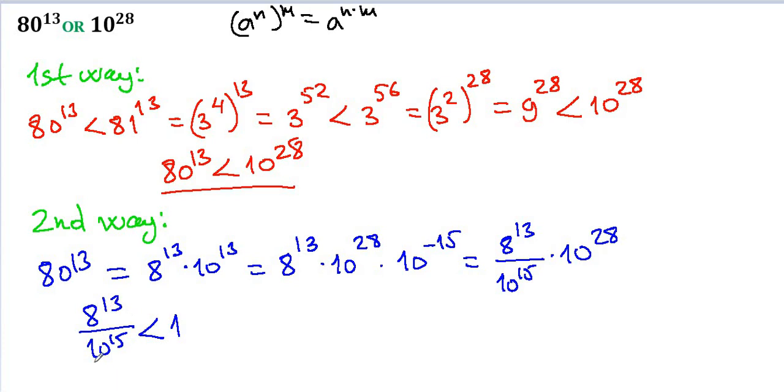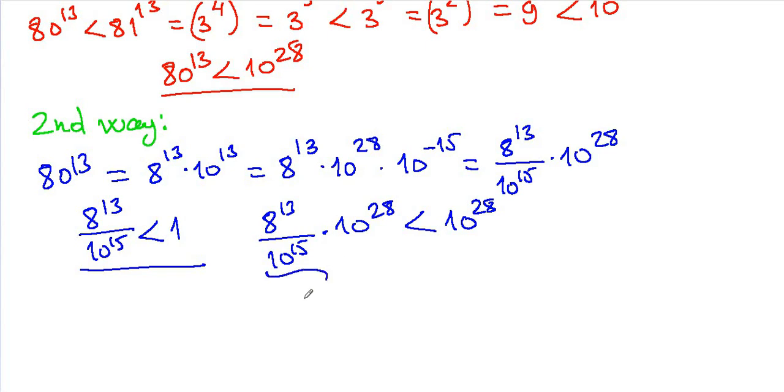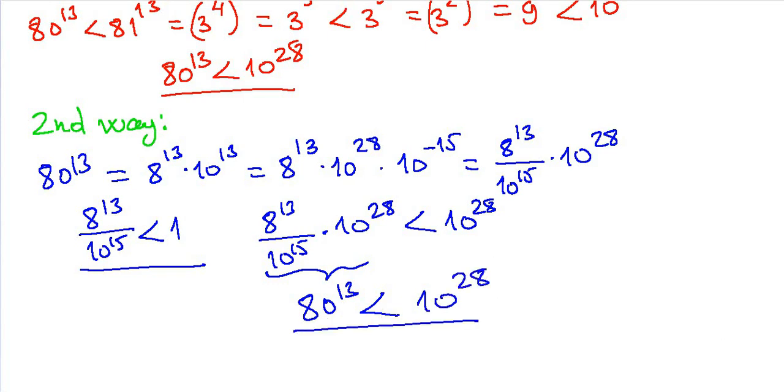So therefore, if this one is less than 1, then 8 to the power of 13 divided by 10 to the power of 15 times 10 to the power of 28 is always less than 10 to the power of 28. And here we can conclude that 80 to the power of 13 is always less than 10 to the power of 28. So this was the second way.